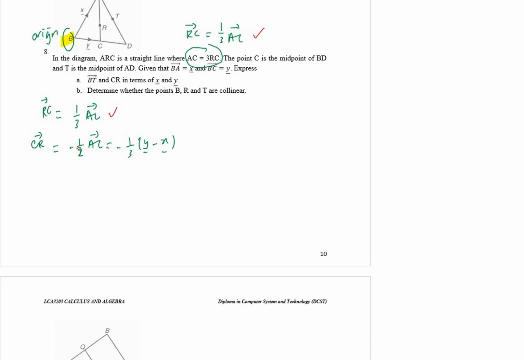Because RC is 1 over 3 of AC, CR is the opposite, negative 1 over 3 of AC.